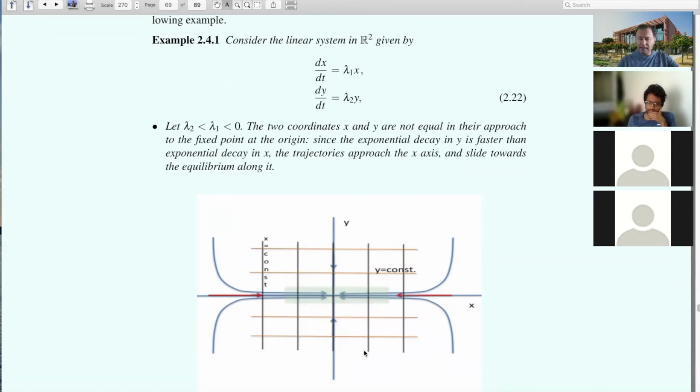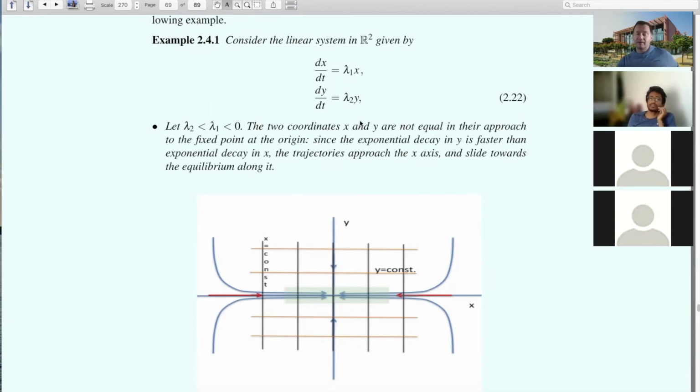And any X equal to constant is going to be decaying to 0 independently of which Y it started from, because the X equation is separated from the Y equation. So in other words, when we do the quotient space, we basically take this whole line here of Y's and we map it to a single point, and then we get this equation.